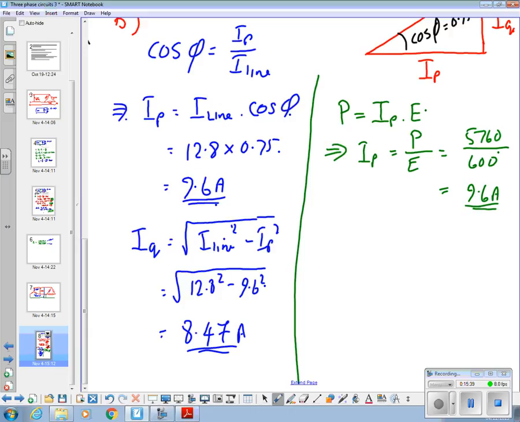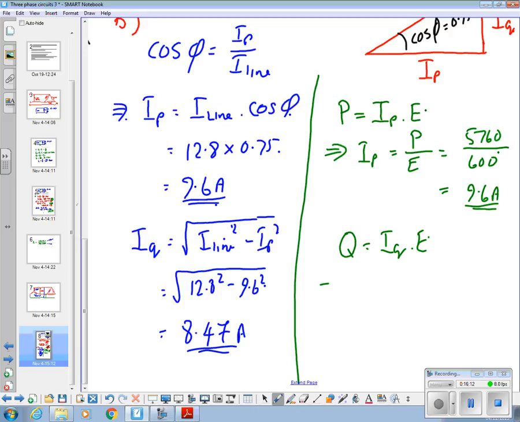You're a lot more likely to remember how to do it from doing a phasor diagram, but this is an equally good method and we'll get exactly the same marks. And equally, Q is IQ times that same voltage. So all different versions of the basic power formula involving voltage and current.